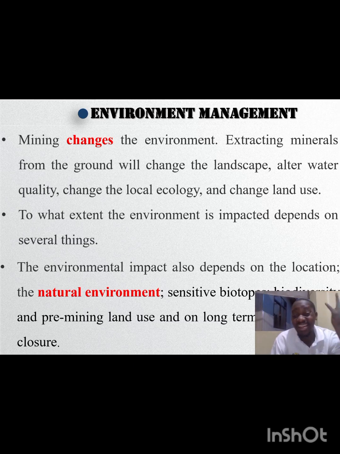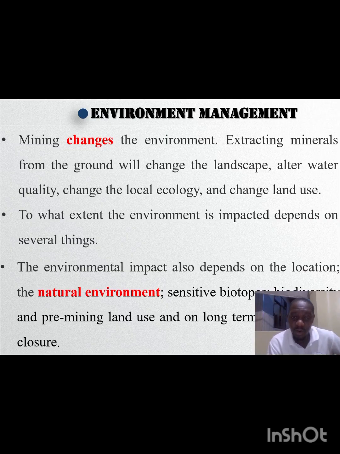Okay, you could mine in the desert. You could mine in the forest. We could mine in water bodies, right? So the location can tell where much of the environmental impacts will occur.